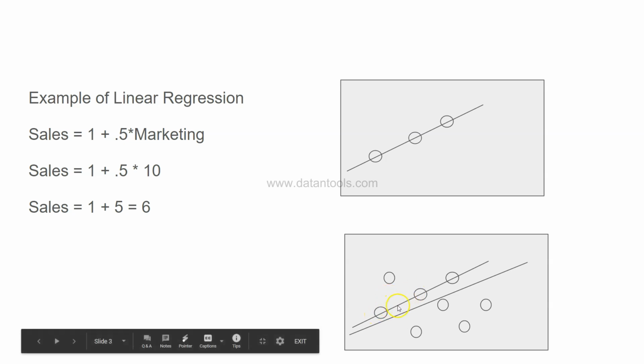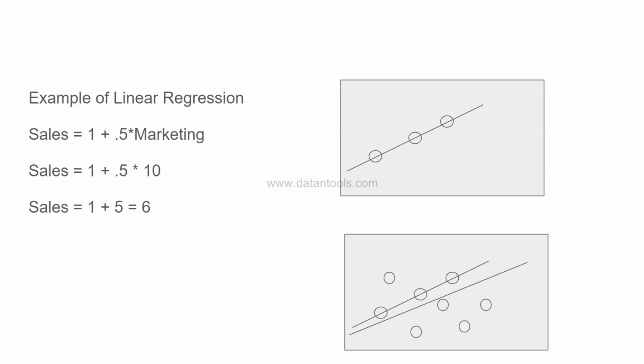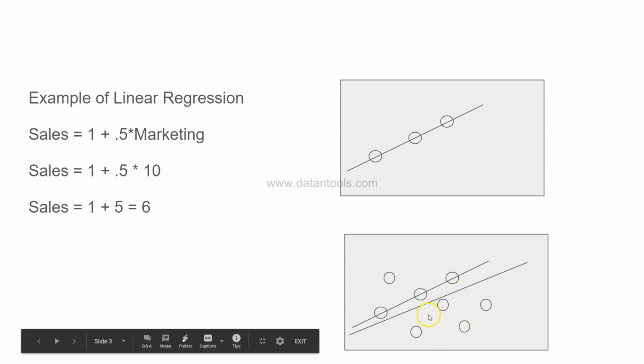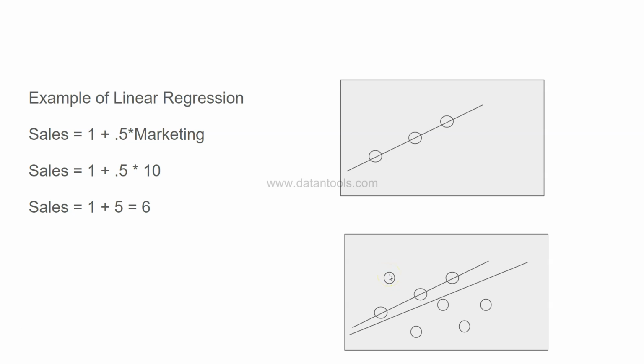Because this line is not the best representation of these data points, which it has not seen. And this particular scenario is called overfitting, where you have trained the model. For example, the outcome of this model is basically this equation. So you have trained the model so much that when you expose it to unseen data points like this or this, it will not give you the accurate output.